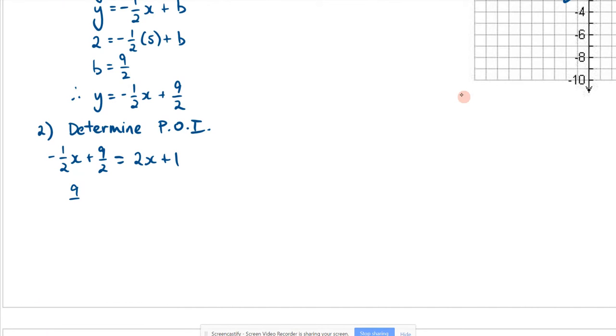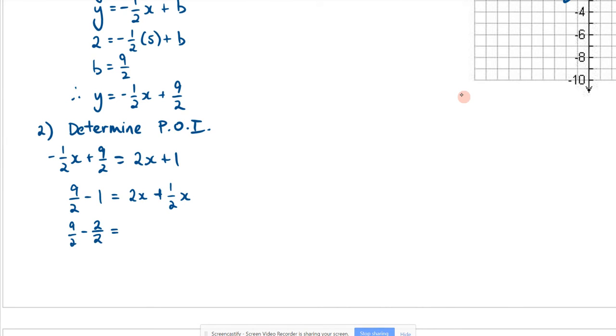So if I bring the numbers to the left side, 9 over 2 minus 1 equals 2x. Bring the negative 1 over 2x over, it becomes plus 1 over 2x. And now I collect like terms. 9 over 2 minus 1 is the same thing as saying 9 over 2 minus 2 over 2.